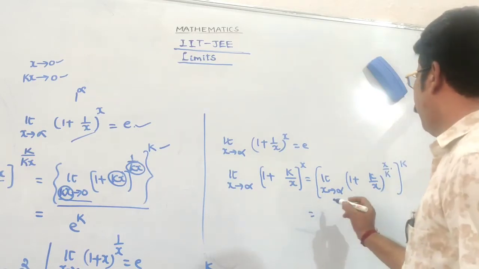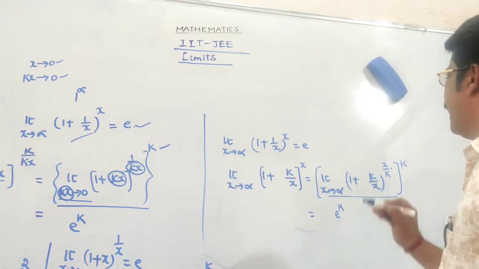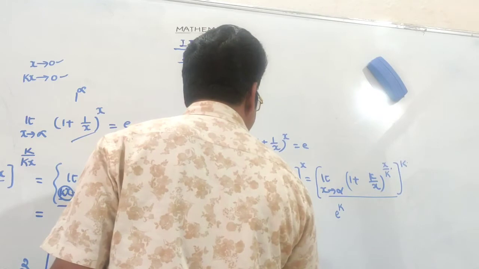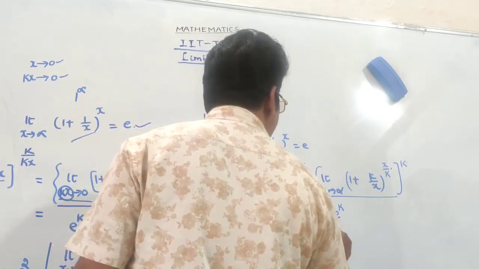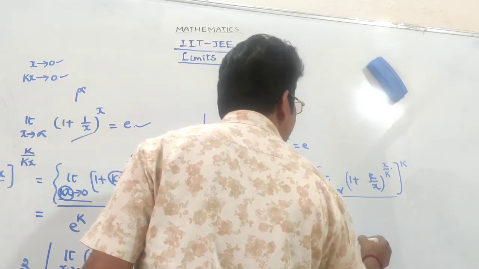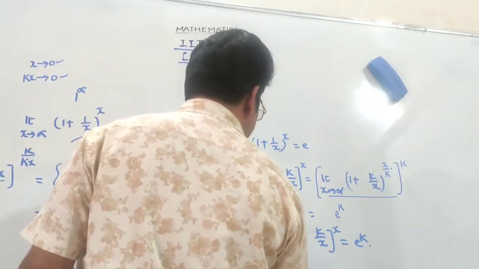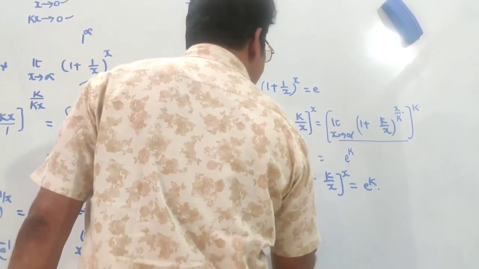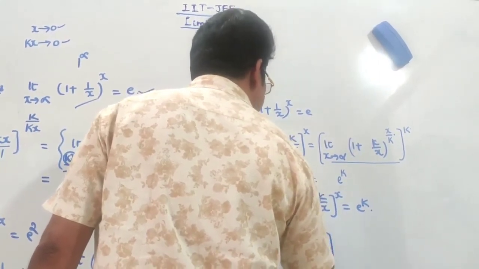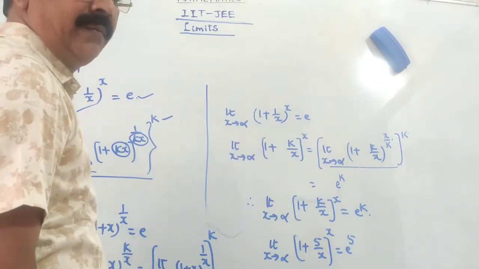This is nothing but e, and e power k. Therefore limit x tends to infinity, (1 + k by x) whole power x equals e power k. Example, limit x tends to infinity, (1 + 5 divided by x) whole to the power of x equals e power 5.